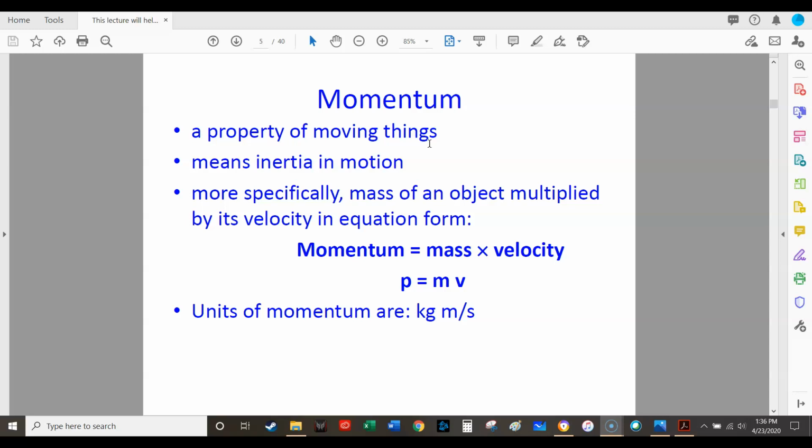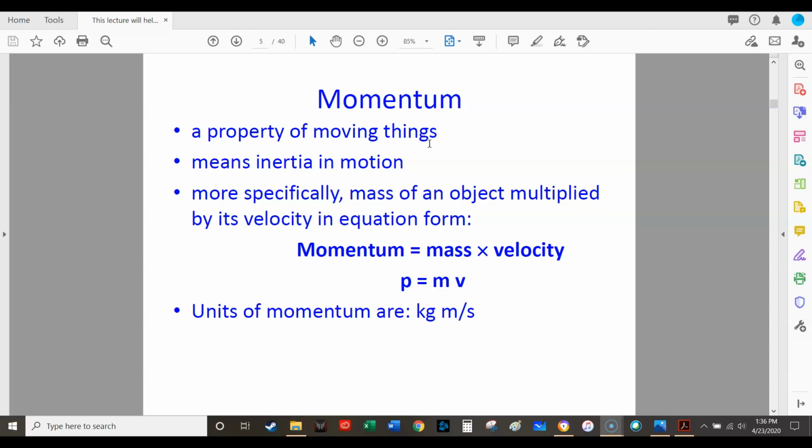Often we talk about momentum and inertia as being almost the same thing. Well, specifically, momentum is inertia as something is in motion. So we're basically studying the consequences of Newton's first law.